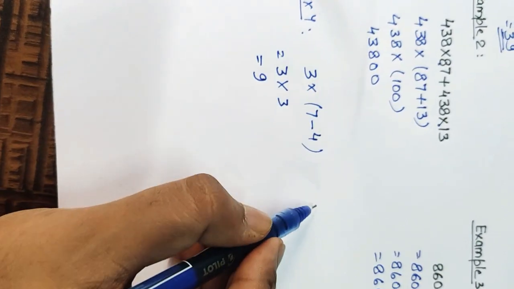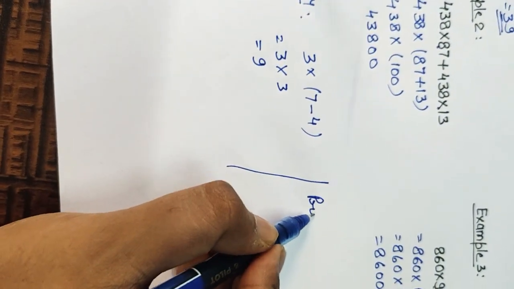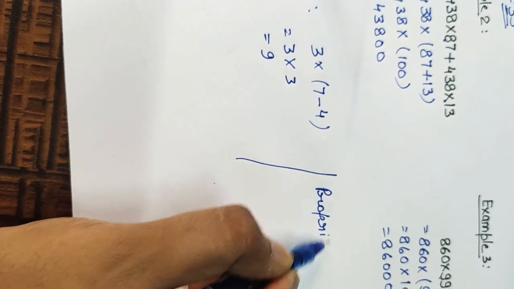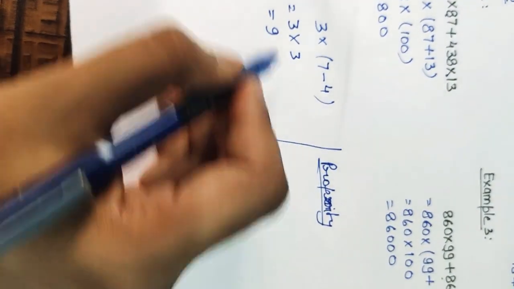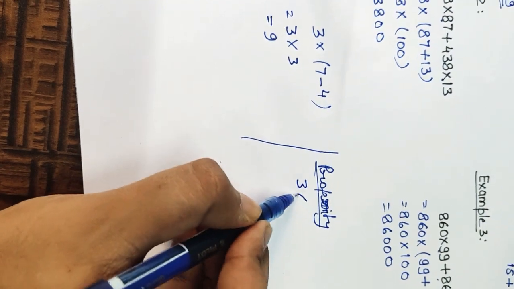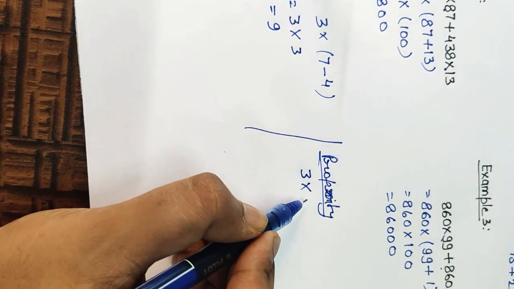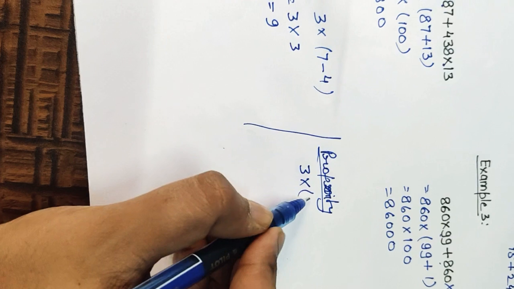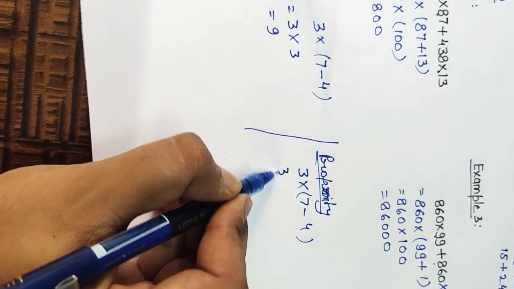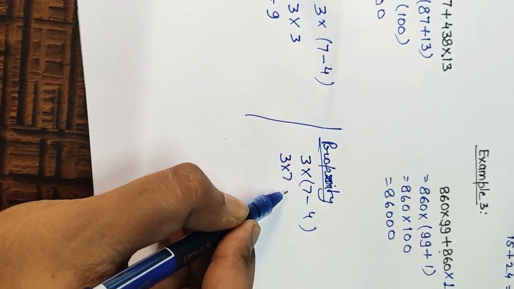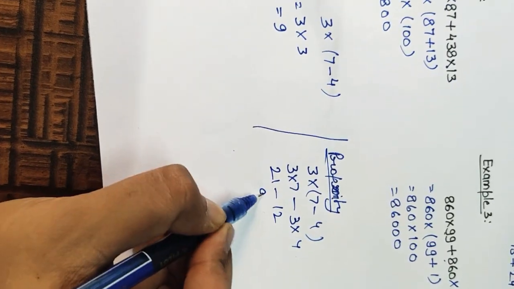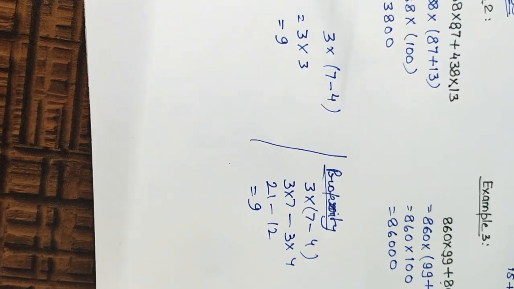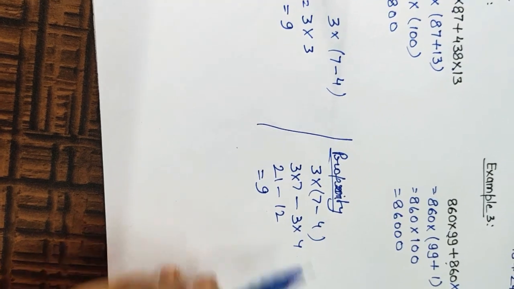Now if we apply the property here, let's see if the answer comes the same. Using the property we get 3 multiplied by 7 minus 4, so 3 into 7 minus 3 into 4, 21 minus 12, answer the same. See, we can also use the property in subtraction.